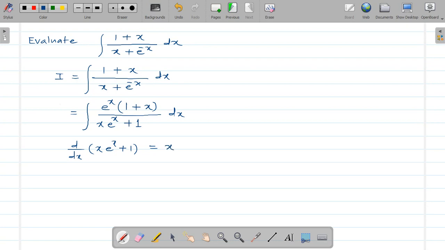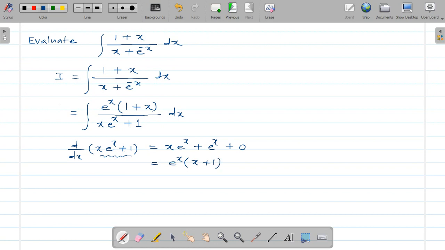So x as it is into the derivative of e^x, which is e^x, plus e^x as it is into the derivative of x, which is 1, plus the derivative of 1, which is 0. So the derivative of x e^x + 1 is x e^x + e^x. Now if you take e^x common here, you will get (x + 1).